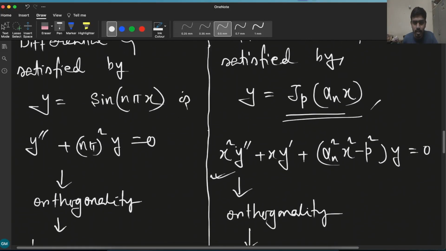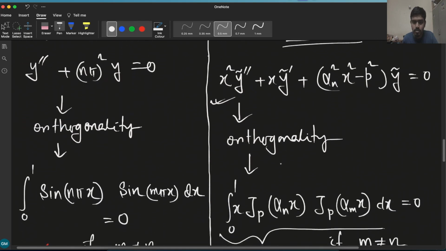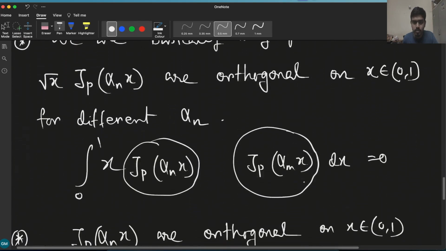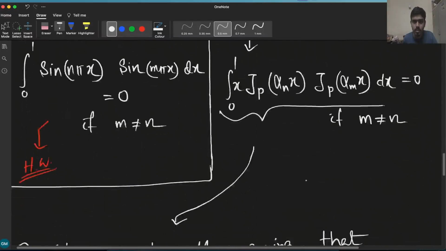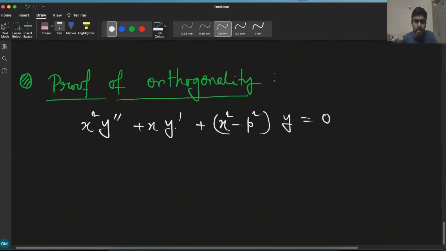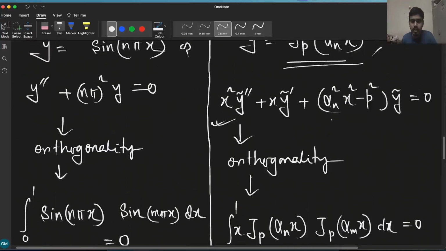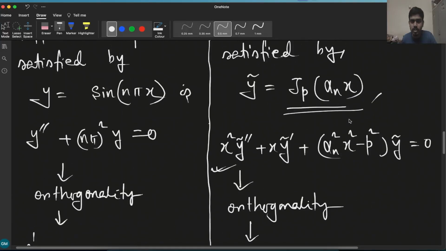These y are basically Jp(alpha n x), so let me write them as y tilde. Fine. So these y, these are the direct solution of this Bessel differential equation. But these functions, these y tilde, which are Jp(alpha n x), these satisfy a different equation.